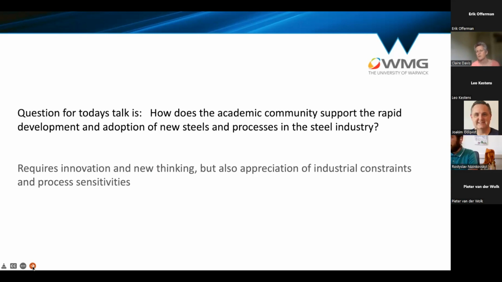And we should not be constrained by current capabilities in that innovation and thinking. But sometimes if we want to ensure that we have some rapid adoption or more rapid adoption, it's appreciating some of the industrial constraints and process sensitivities so that we can develop some of the new steels and ideally see them adopted and being used.